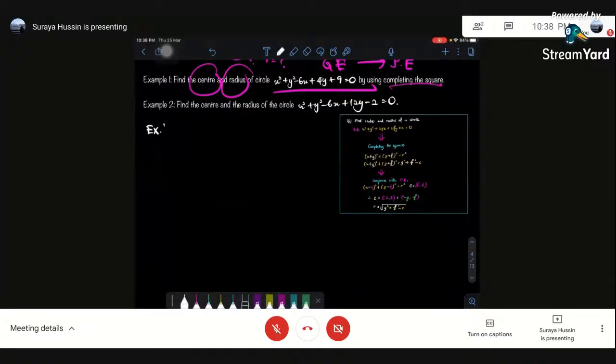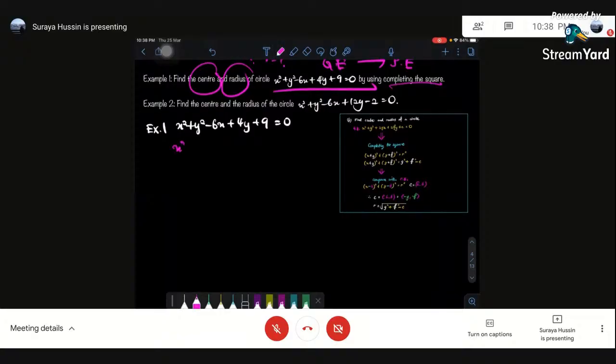Okay, example 1, x squared plus y squared minus 6x plus 4y plus 9 is equals to 0. So actually, you just kena jadikan x term sebagai satu group dan seterusnya y term sebagai satu group yang seterusnya. And then plus 9 ni kekalkan sajalah.